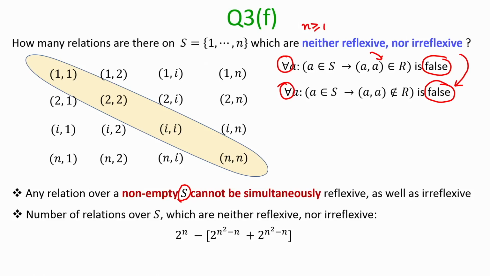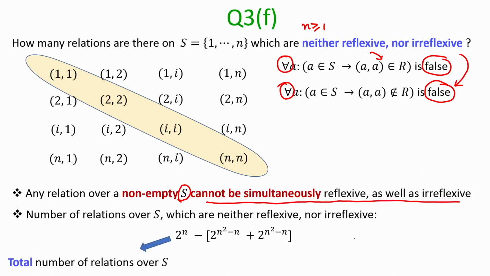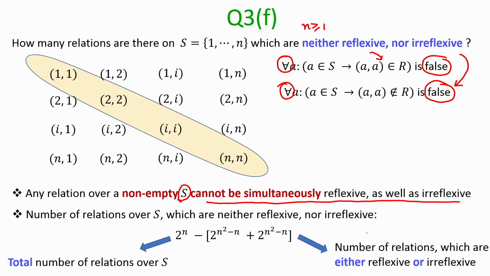So, instead what I do here is I find out the number of relations which are either reflexive or irreflexive and subtract it from the total number of relations which I can form over the set S. Since I can't have a relation which is simultaneously reflexive as well as irreflexive, I can confidently say that if I subtract out the number of relations which are either reflexive or irreflexive from the total number of relations, that will give me the required answer, because no overlap is possible here.